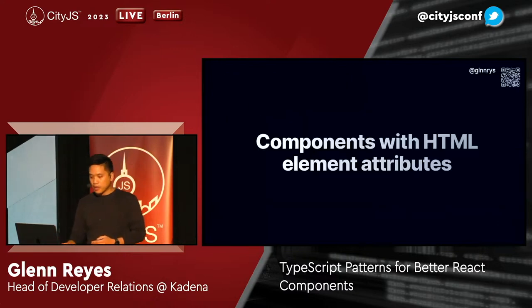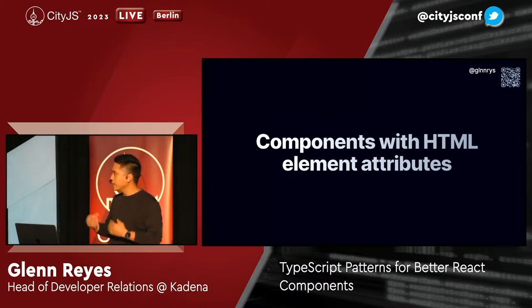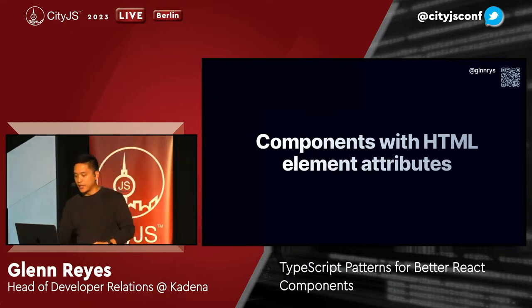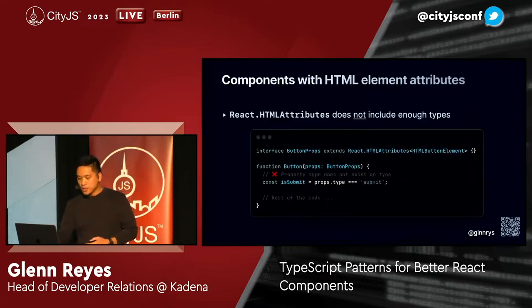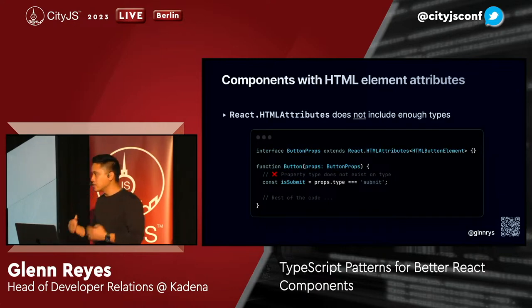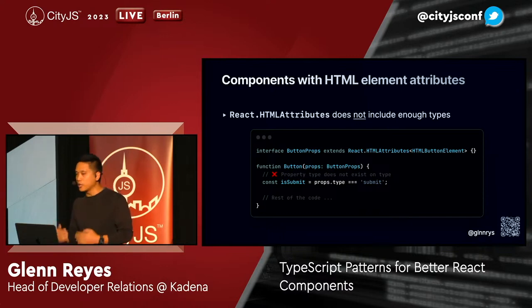So another thing about typing in React is when you try to enhance your React components with HTML element attribute types. There is a variety of ways how you can do that. There's HTML attributes, props, a lot of different ways, and they all have very different purposes. So HTML attributes is something that includes more of the shared types of every element that you can ever have. So it may not include every type that you expect.